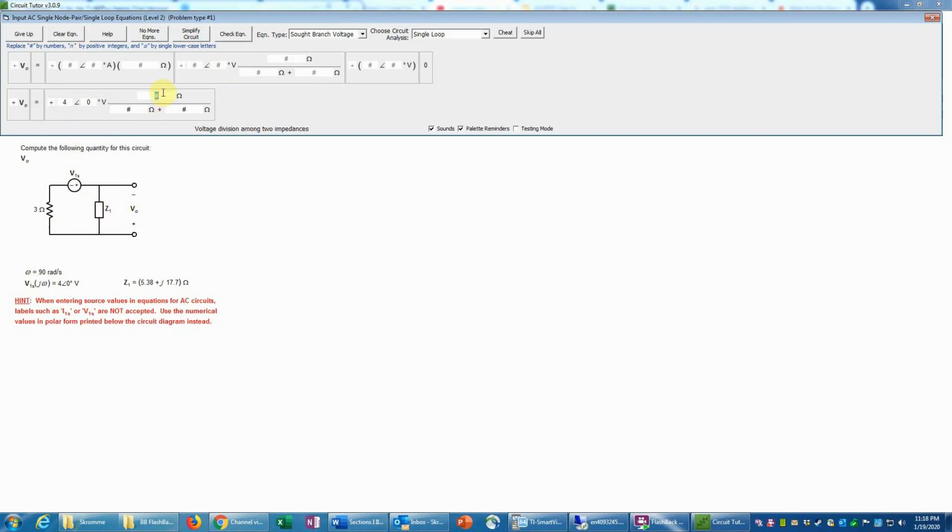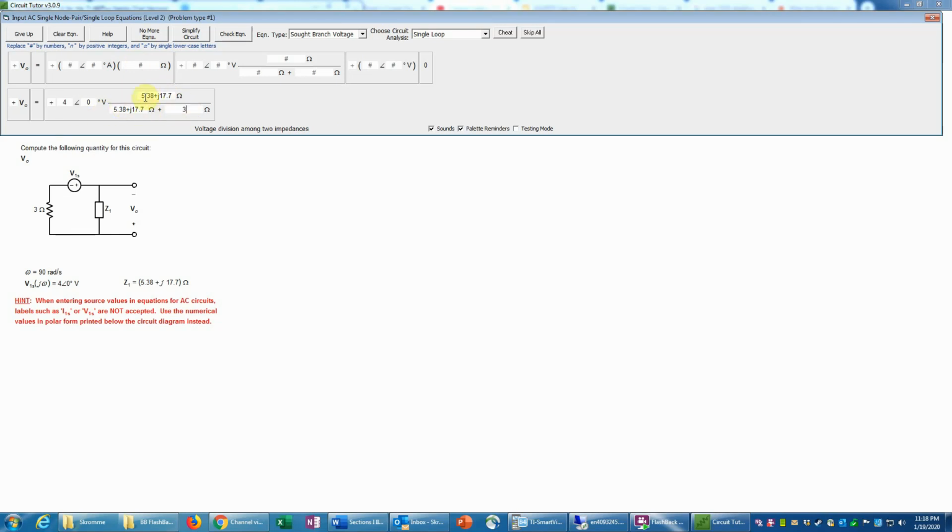So up here I'm going to put 5.38 plus J 17.7. Oops, typed the wrong thing there. So that should be plus J. And then I can just copy that, save retyping it, and put it down here in the denominator. And then the other impedance is just 3 ohms.